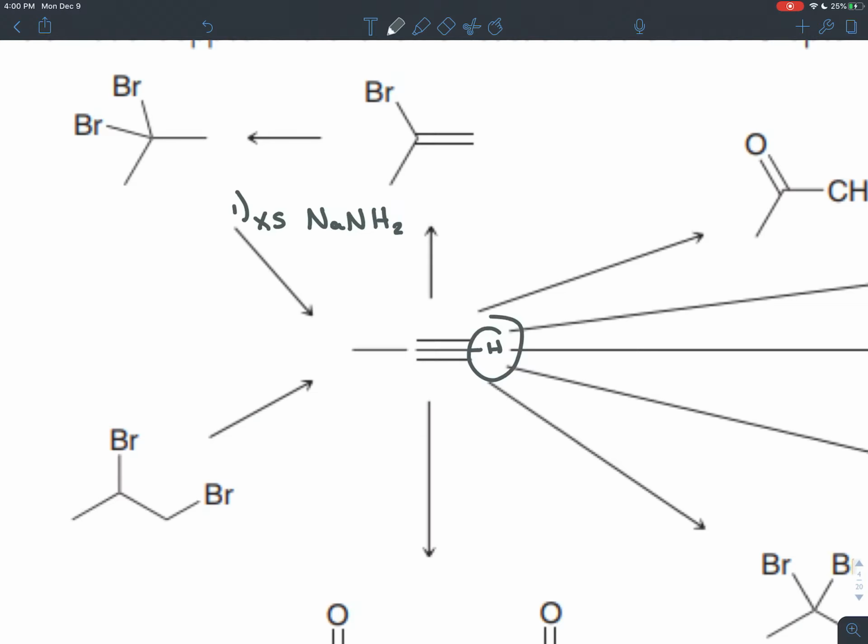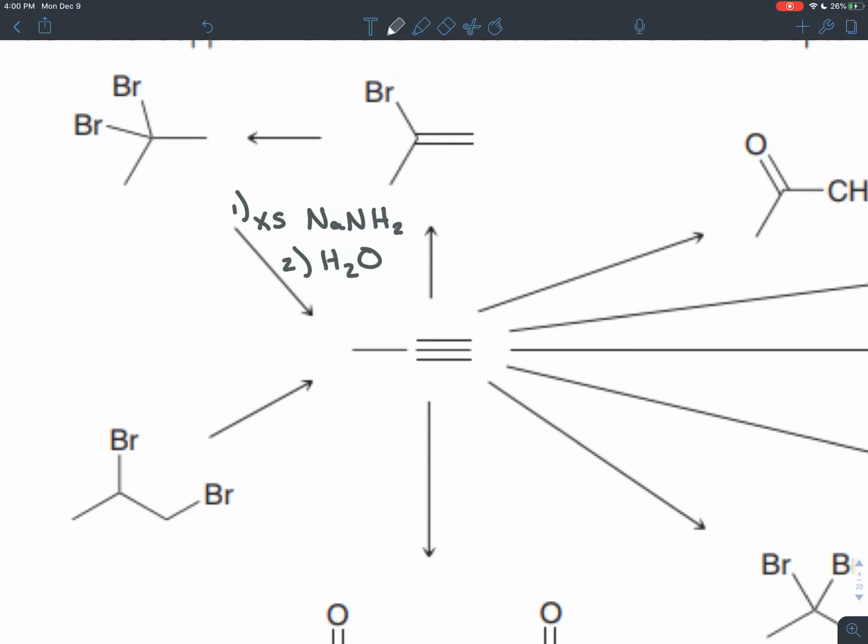The base would rip that hydrogen off, and you would have a carbon nucleophile there, which wouldn't be that stable. So to stabilize the molecule, as a second step, you do a water wash. And this carbon nucleophile sort of steals a hydrogen from water, and so it becomes stable again.